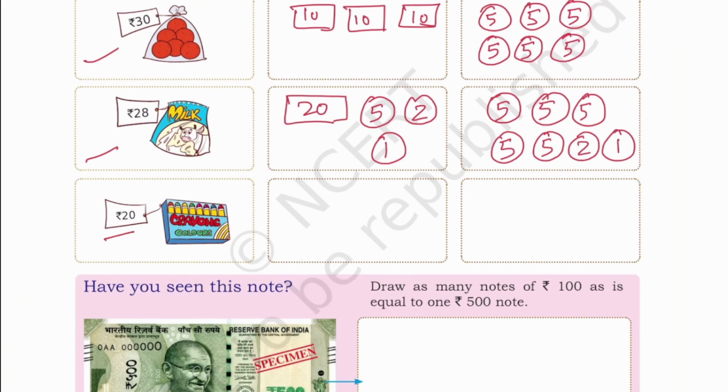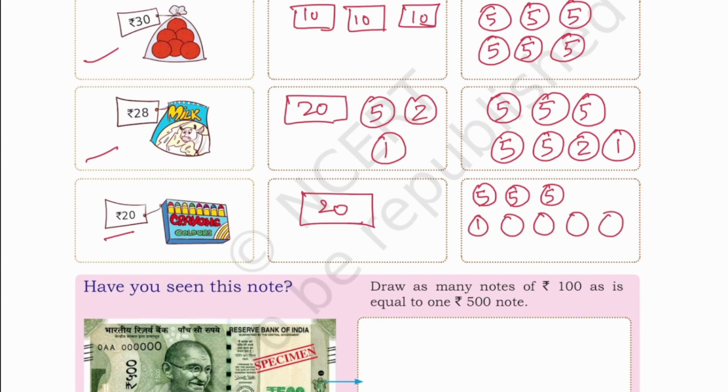For 20, you may use a 20 rupee note, or you may use 4 or 3 5 rupee coins and 5 1 rupee coins.